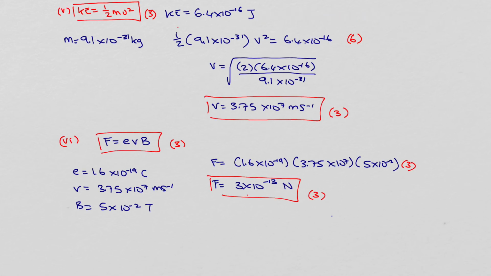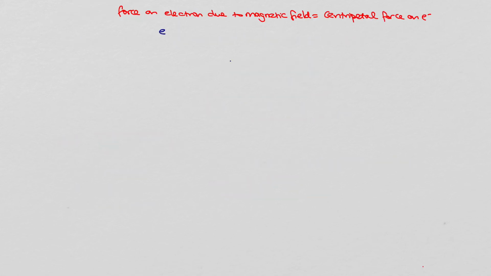So therefore we know that the force due to the magnetic field is what we've just found. It's our EVB. And that will be equal to the centripetal force, which is mv squared over r. So therefore we can sub in our values.